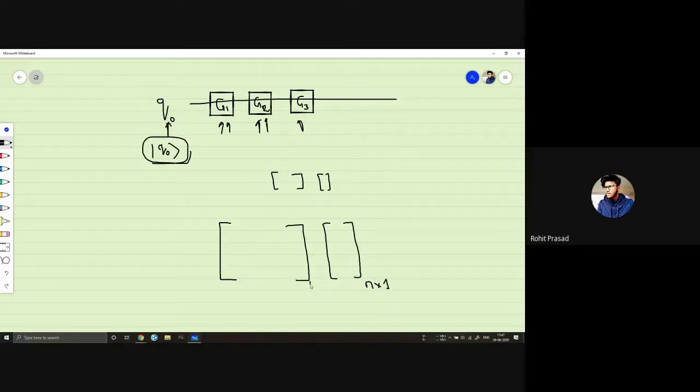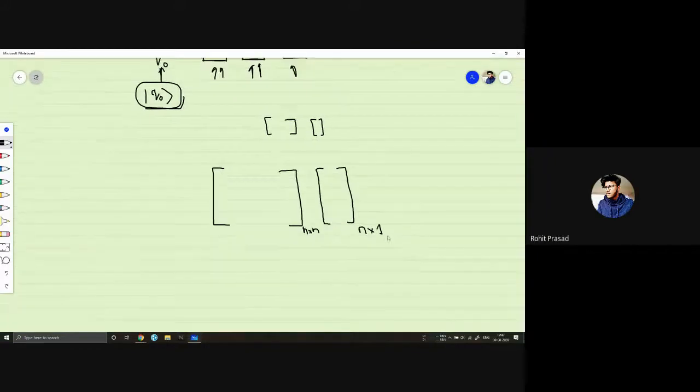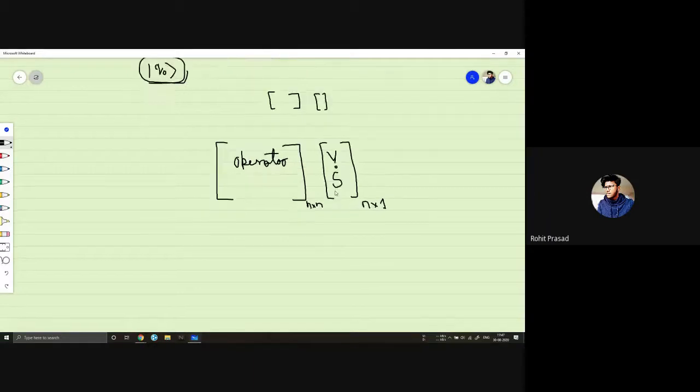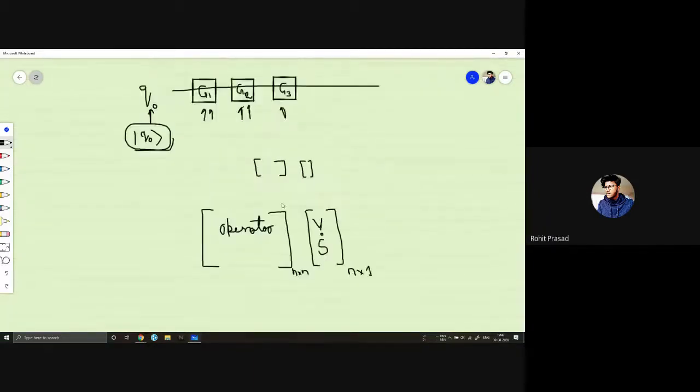Then the operator will be n cross n, and it acts on the state like this. Or you can say it's a transformation from vector space to vector space, the thing I was talking about in the last session.